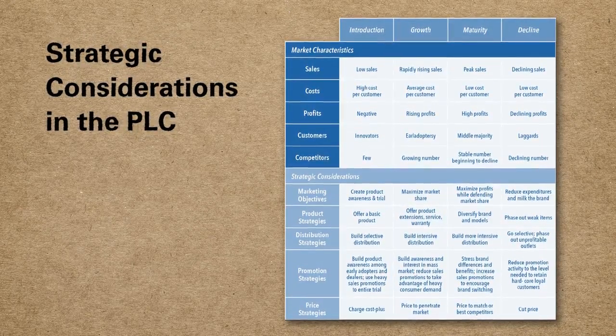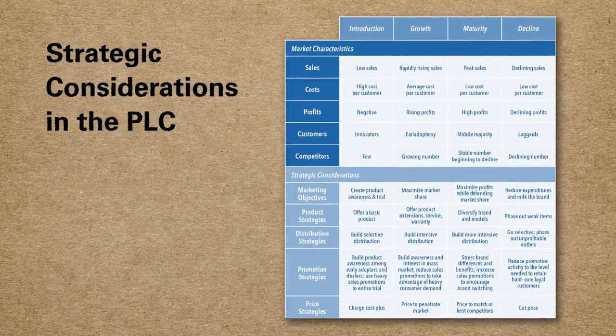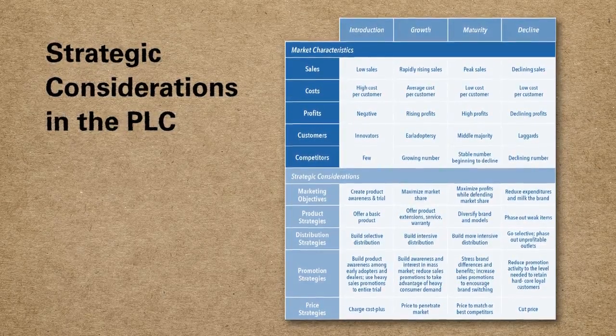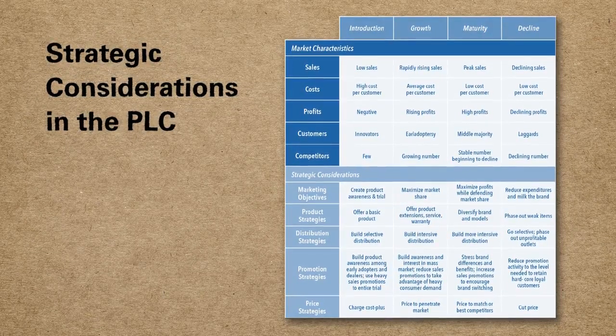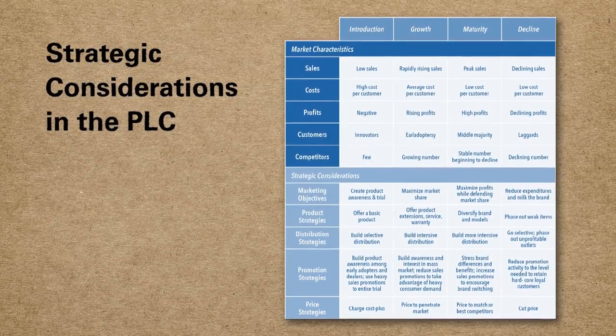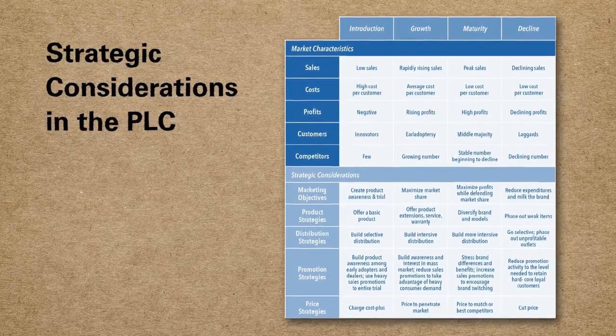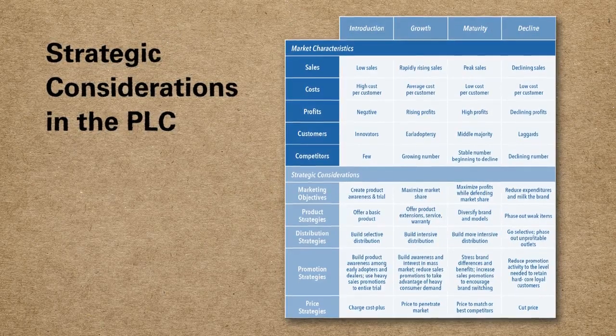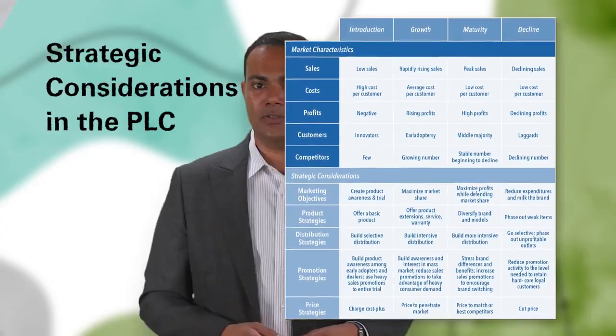And so managers will start scaling back some of their promotions, start scaling back some of their advertising, start to realize some cost savings, which will help them maintain profits for as long as they can. And once we go into decline, it's all about eking out the last little profit that you can from this product that you introduced a long time ago.